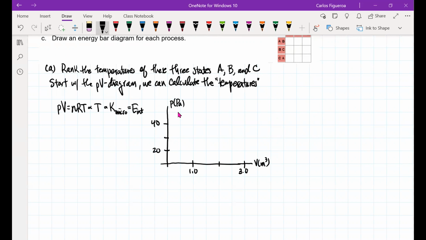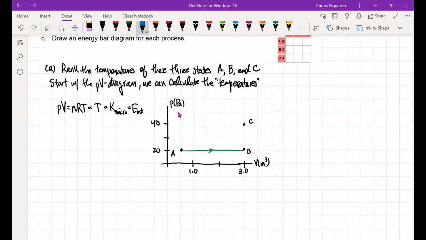Then I'm going to go from state A, and this state right here is going to be C. I'm going to color code these so it's easier to follow. This one goes along an isobaric path.